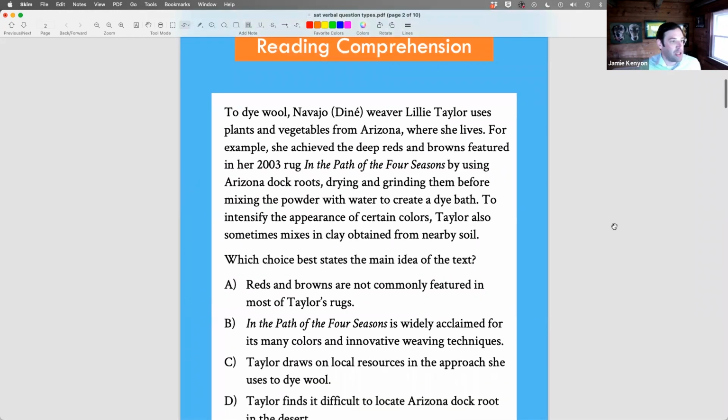Reading comprehension has a few different question stems. As I mentioned before, probably the most popular is to state the main idea of the text. All of the texts are very short passages now compared to the current form. So in terms of structure, you can't just look to the end for the main idea anymore. You do have to actually read it in its entirety and think about how it all fits together.